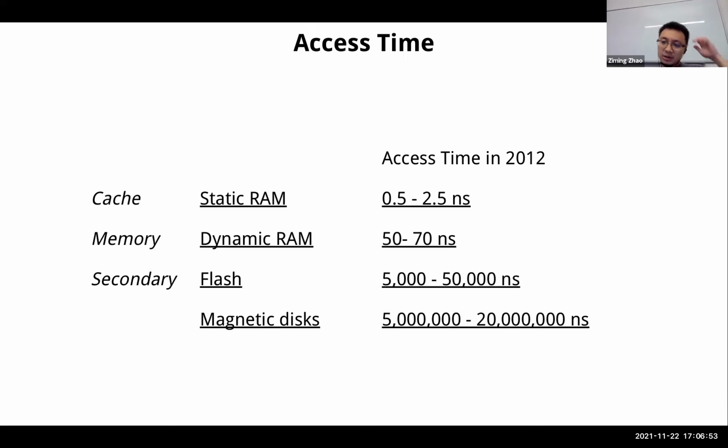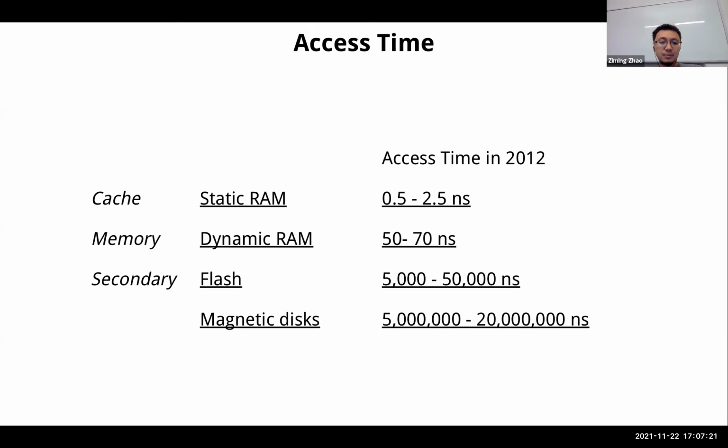Okay, so here is some data I got from a paper, but this data could be a little bit outdated. That's the average access time for accessing data, the speed in 2012. If the instruction accesses data from the cache, it takes 0.5 to 2.5 nanoseconds.